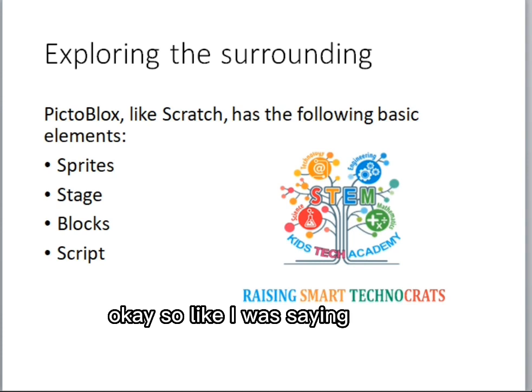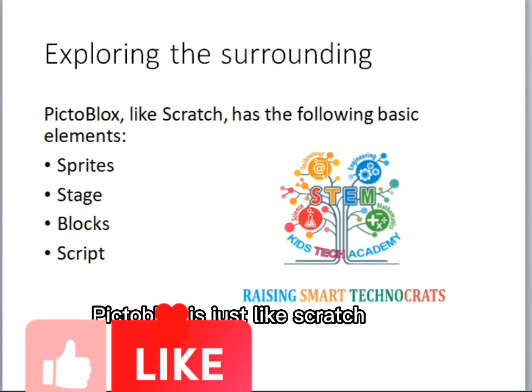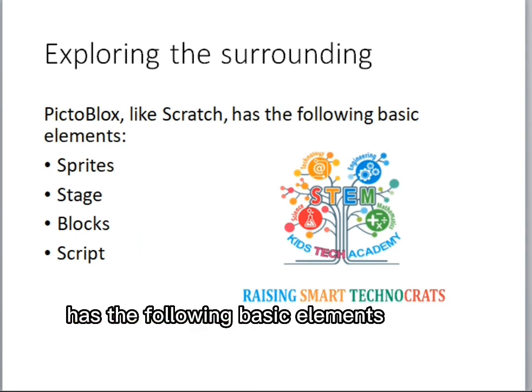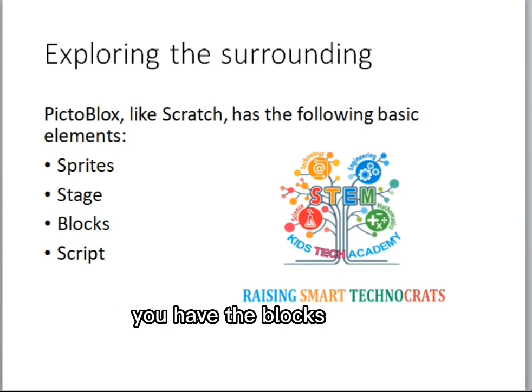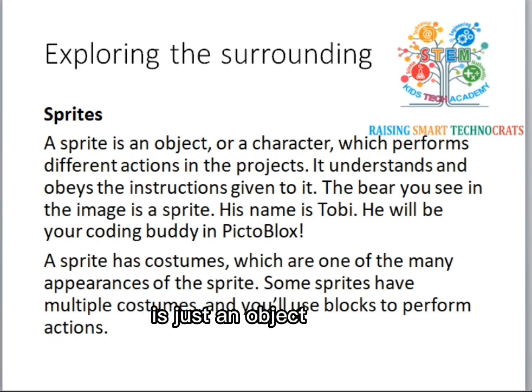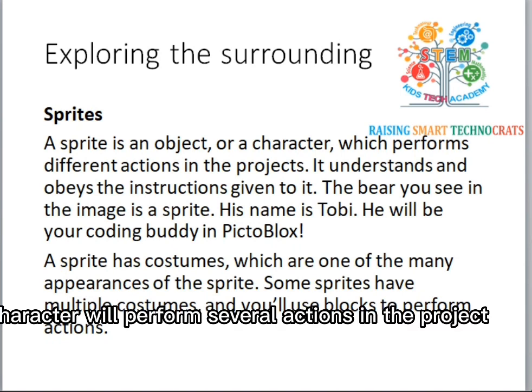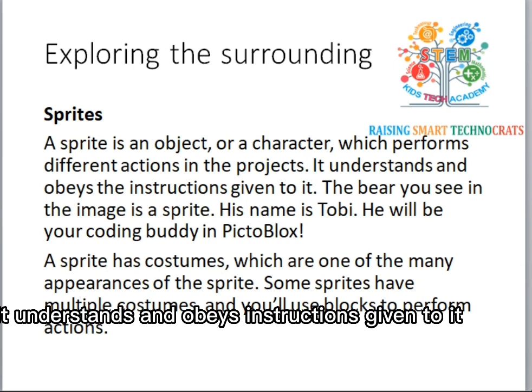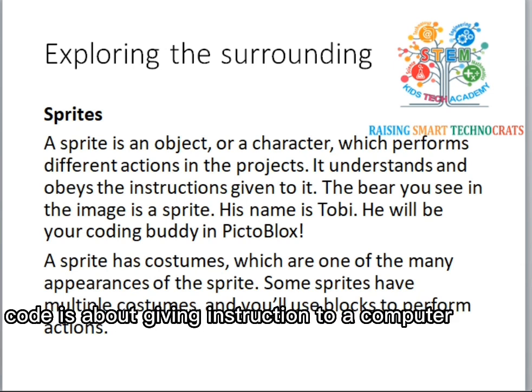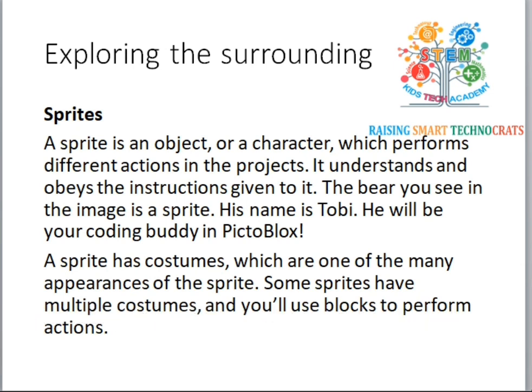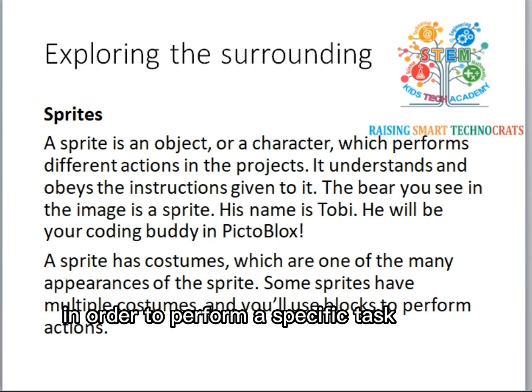Like I was saying, Pictoblox, just like Scratch, has the following basic elements. You have the sprite, you have the stage, you have the blocks, and you have the script. So what is a sprite? The sprite is an object or a character which performs different actions in the project. It understands and obeys instructions given to it. Coding is about giving instructions to a computer, to an animated character, in order to perform a specific task.